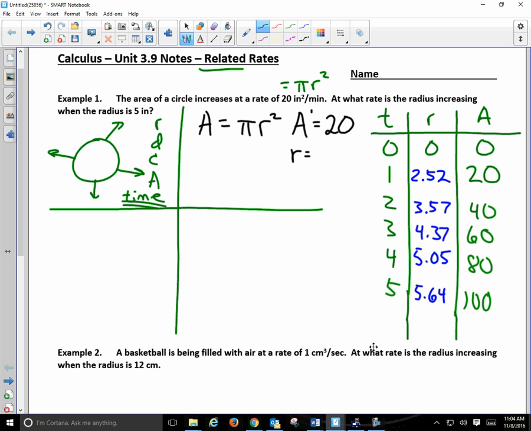So the derivative of the area is 20. Do we know the current radius? Does it tell us what the current radius is? The current radius is 5. As you notice, it's asking for at what rate is the radius increasing. So I'm looking for r prime. That's what I don't know.